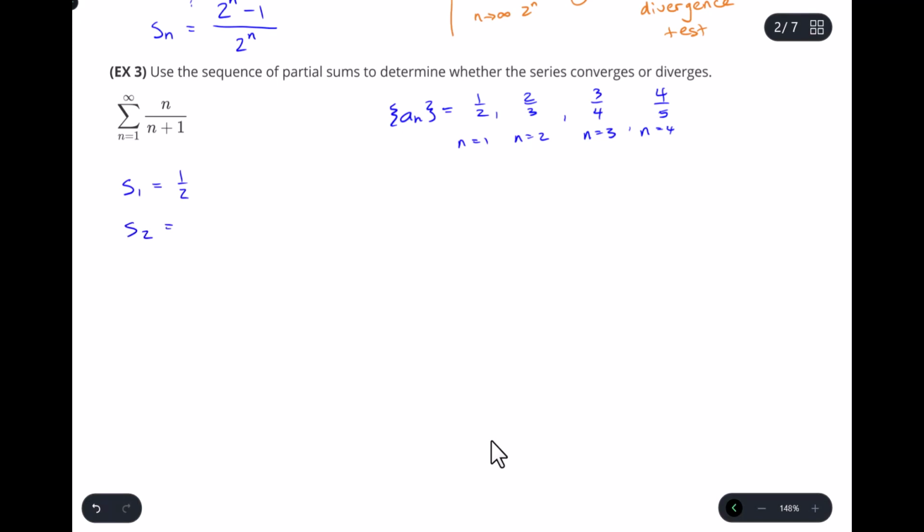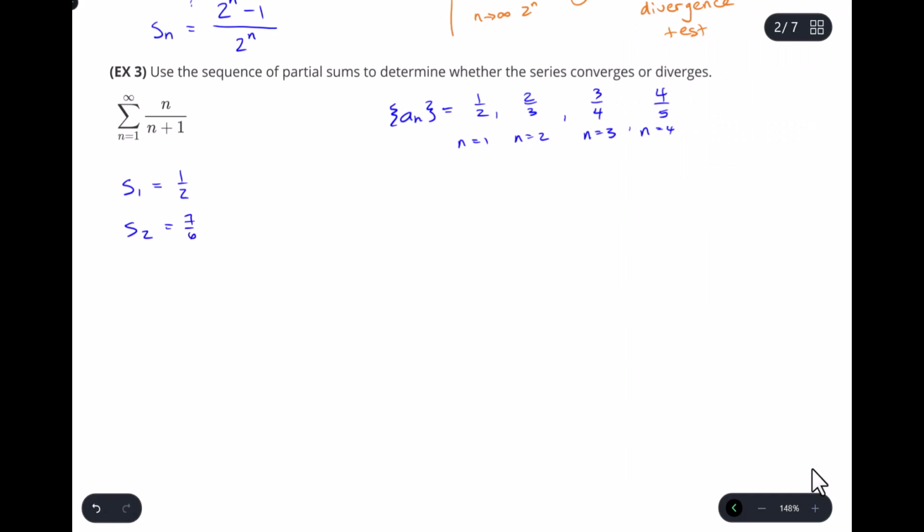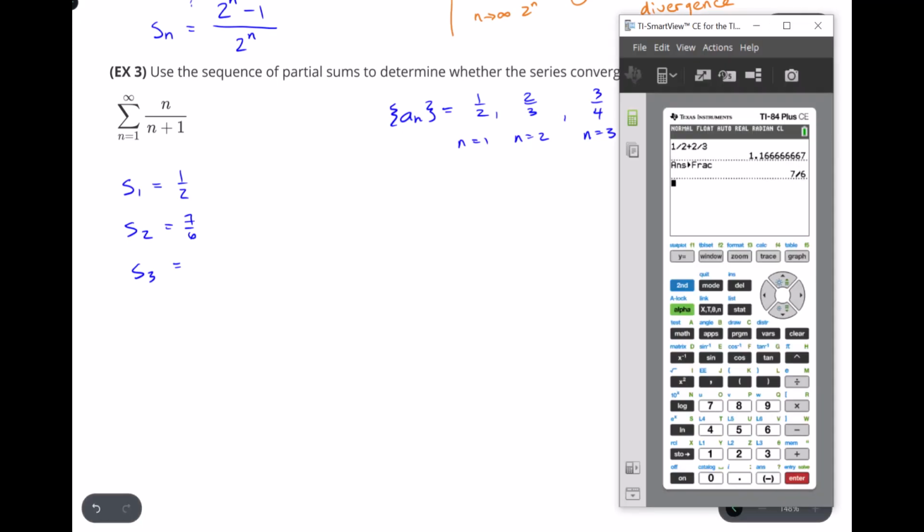The second partial sum is 1/2 plus 2/3. So I'll just take advantage of the calculator here. So 1/2 plus 2/3, and that gives me 7/6. S3, so I would take the 7/6 that I have so far and add 3/4.